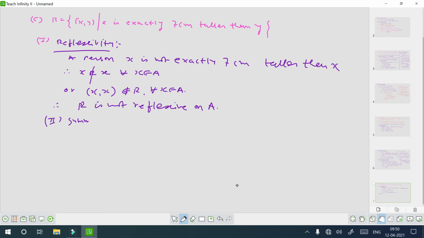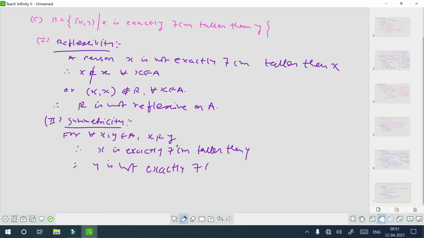Now see, for all x, y belongs to A, x R y, and therefore x is exactly 7 centimeter taller than y, and therefore y is not exactly 7 centimeter taller than x, definitely, naturally.